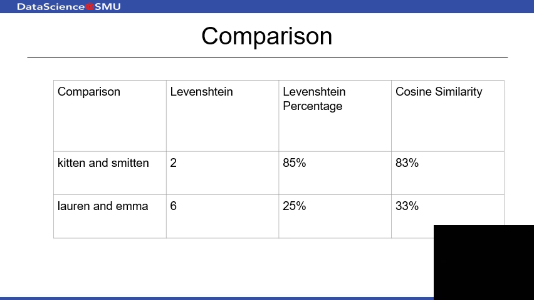Kind of hacking together, converting Levenshtein distance to a percentage, we get that kitten and smitten are 85% the same, while Lauren and Emma are 25% the same. Using cosine similarity math, we get very similar numbers where kitten and smitten are about 83% the same, and Lauren and Emma are 33% the same.